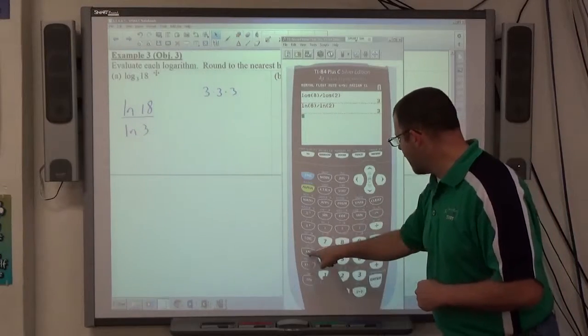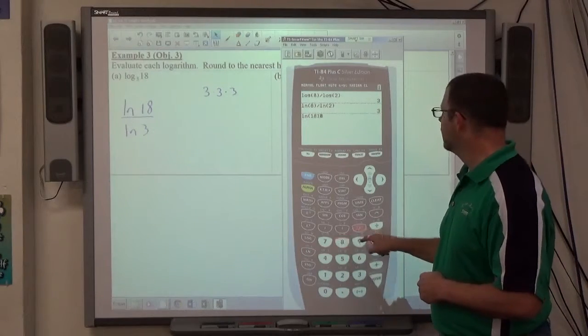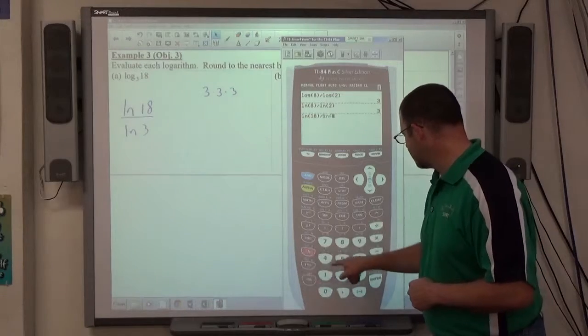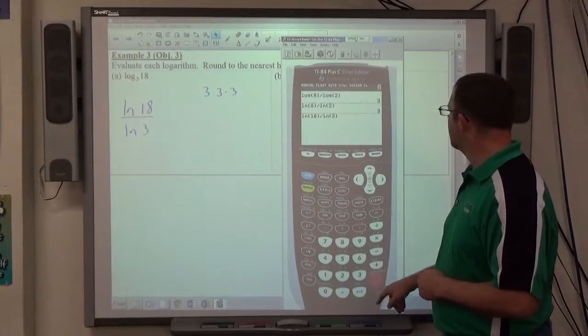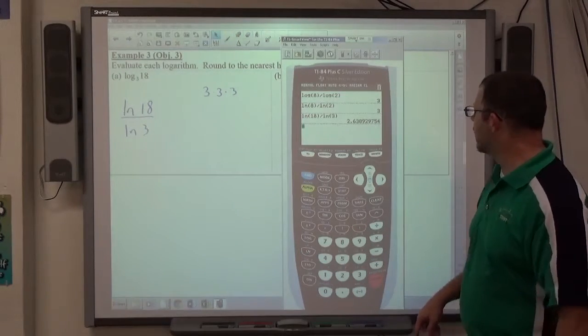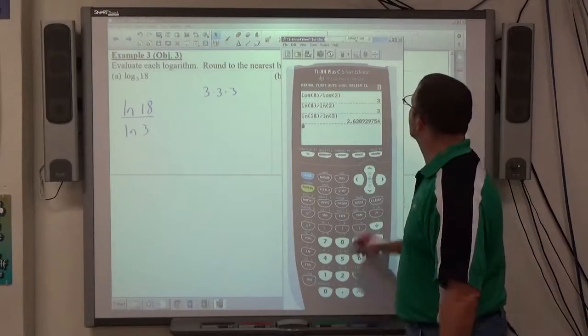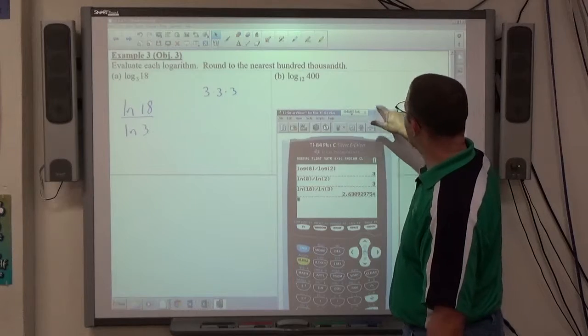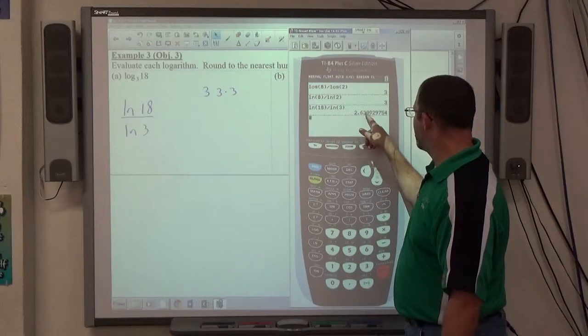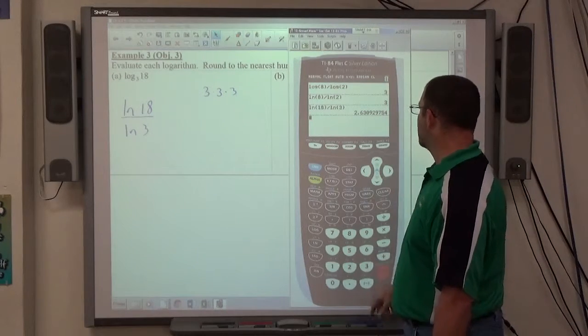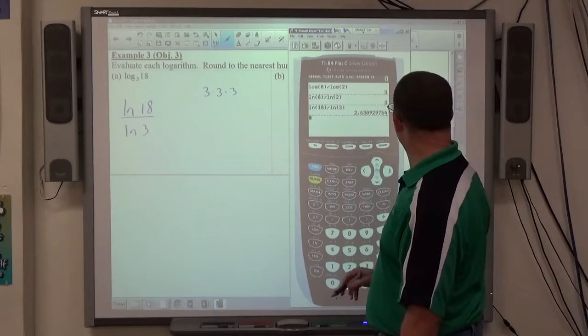So if I type in ln 18 on top divided by ln 3 on the bottom, that comes out to 2.63092974. Said round to the nearest 100th or 100,000th? 100,000th. So tenths, hundredths, thousandths, 10,000ths, 100,000ths, so 5 decimal places. 2.63093.